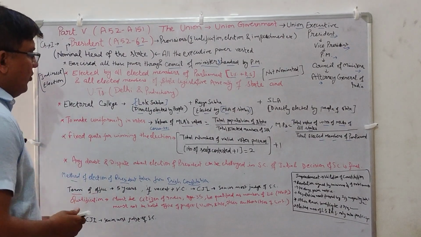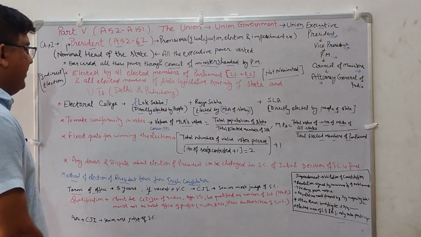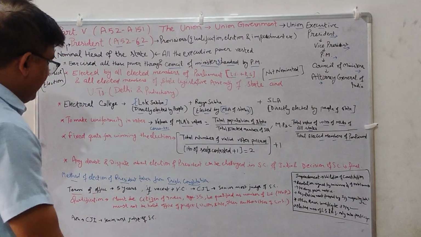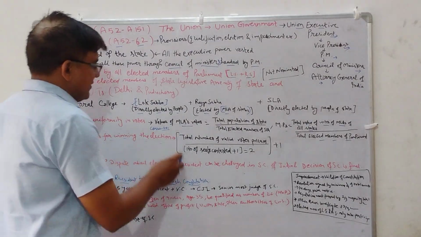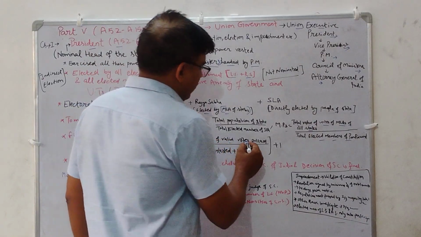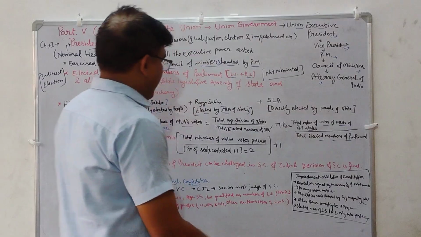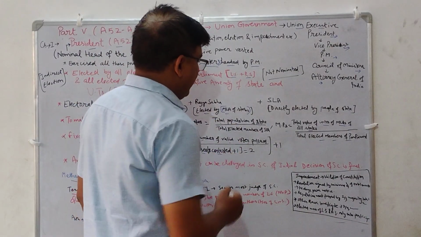To win an election or to declare a winning candidate, there is a fixed quota. The fixed quota for winning the election is the total number of valid votes polled divided by the number of seats contested plus 1.